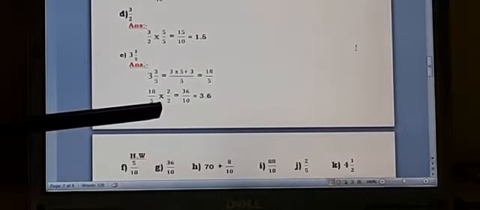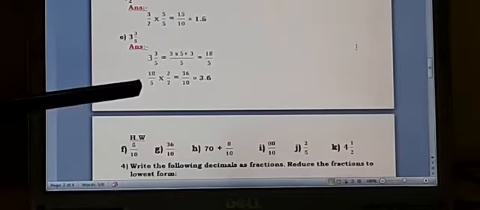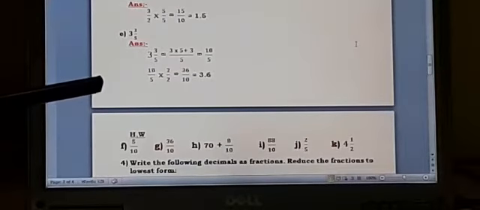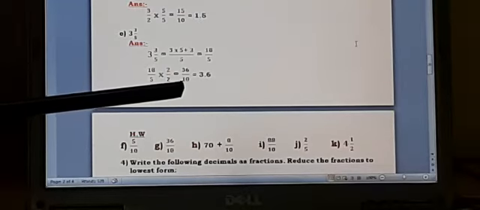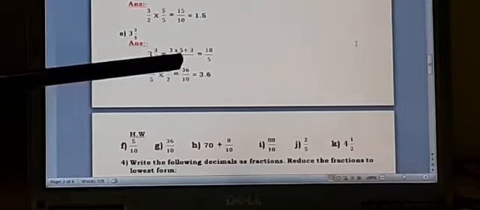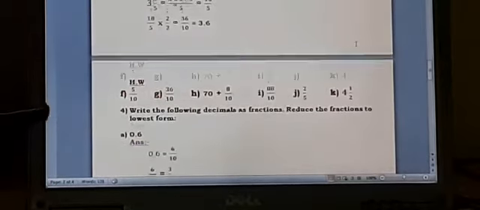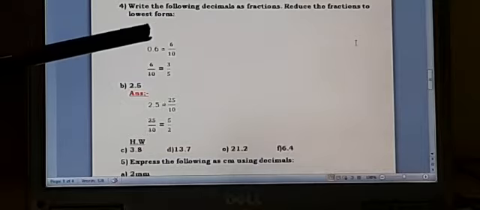With 5, multiply by 2 and we will get 10. That same 2 we multiply by the numerator also. So the answer is 36 by 10. Now we can easily write it as a decimal. So 3.6.